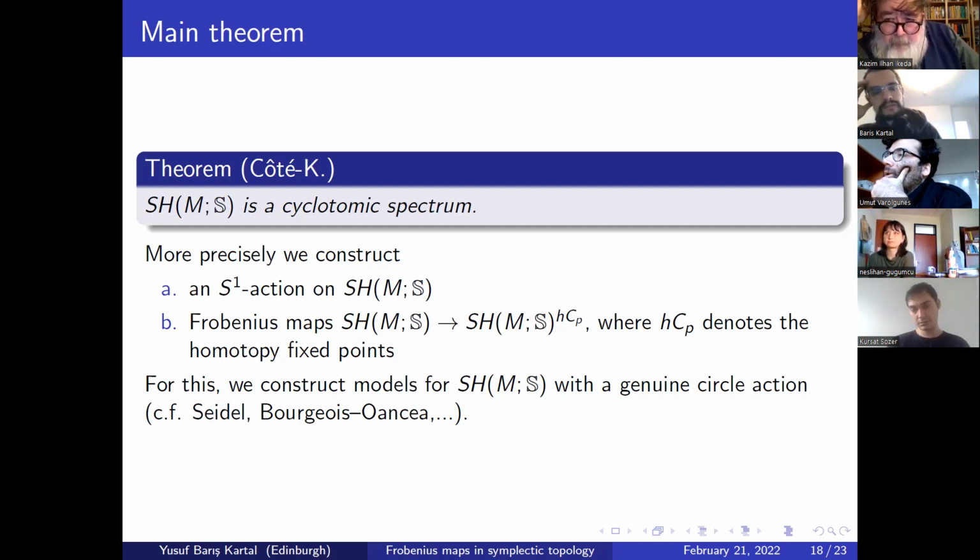So he was using this to define the equivariant symplectic cohomology. Equivariant symplectic cohomology is more like the orbit space in this case, rather than the symplectic cohomology with circle action itself.